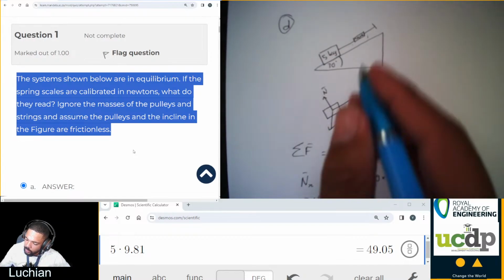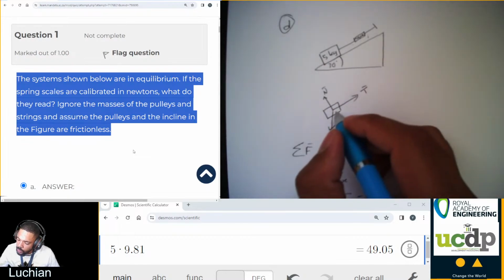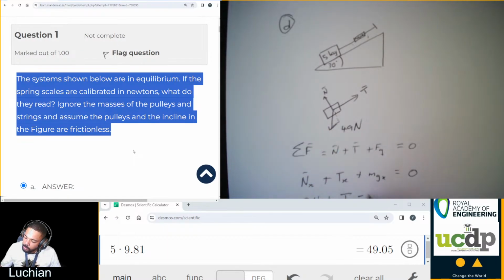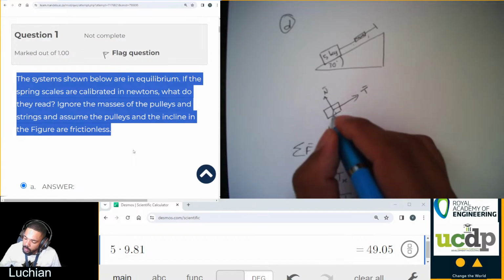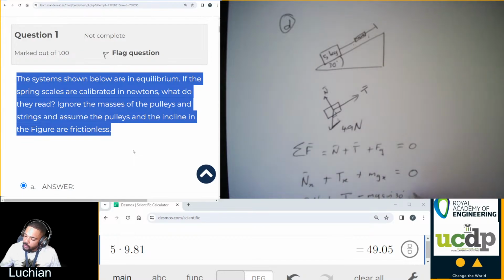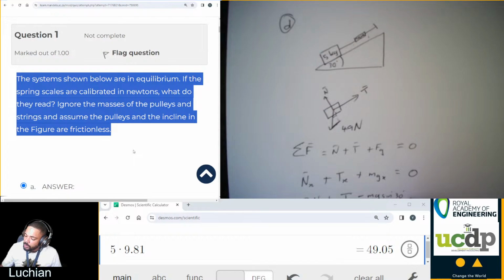We have T, it's going that way. And then the gravitational force has a component along the incline, and it's going to be mg times the sine of 30 degrees. Remember, we want this component of the force, at 30 degrees, so it's opposite over hypotenuse, which gives me sine, and that should all be equal to 0.